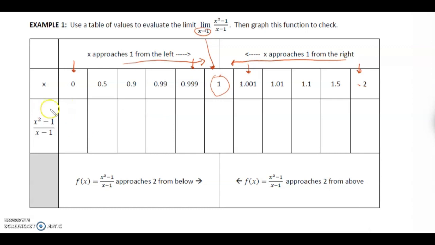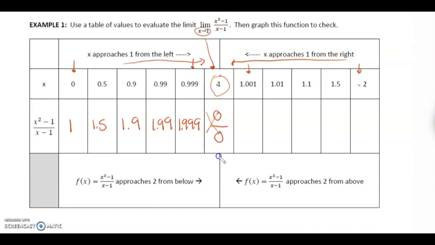So let's go ahead and sub these in. The values that we get are 1, 1.5, 1.9, 1.99, and 1.999. Okay, so as we can see, what number do we approach here? If you think about it, f of x equals x squared minus 1 over x minus 1 approaches 2 from below, and then from above. When we sub in 1, what ends up happening to our function? We actually get 0 over 0.